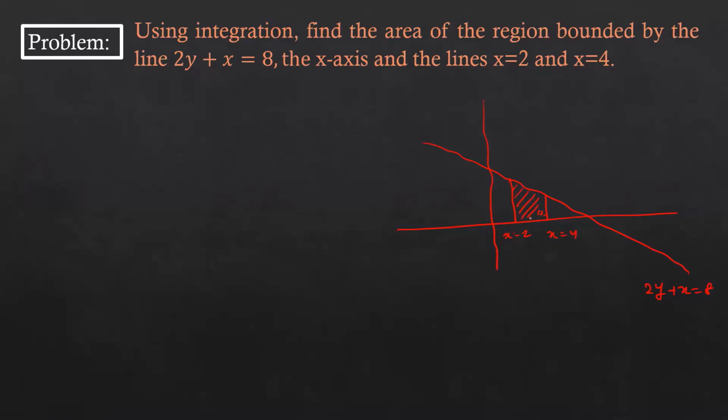This is our target: the area under the curve between x equal to 2 and x equal to 4. So you have to calculate the integral of y dx from 2 to 4. This is the process. So try to solve that. Okay.